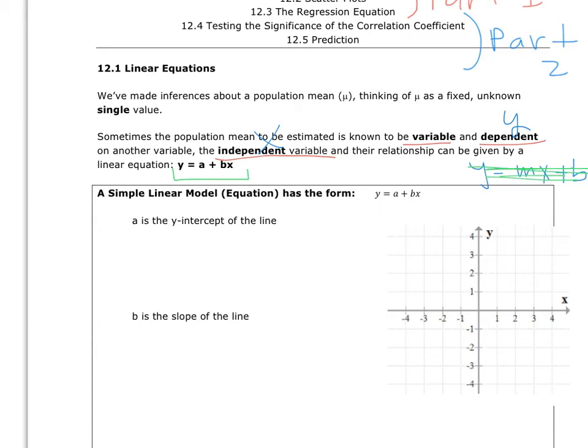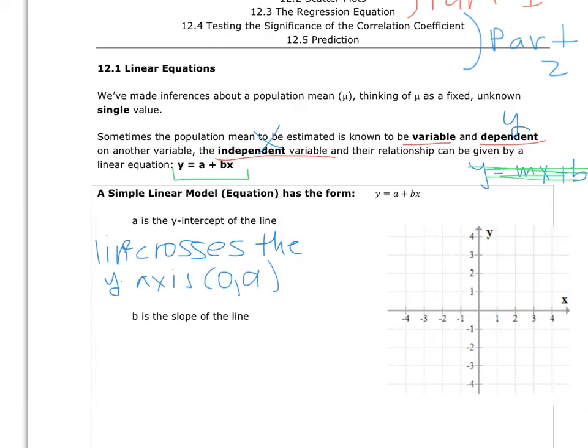All right, so a in this scenario is what we call the y-intercept of the line. So it is where the line crosses the y-axis at the point 0, a.